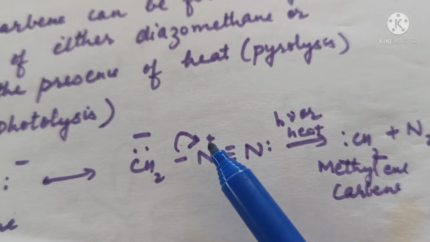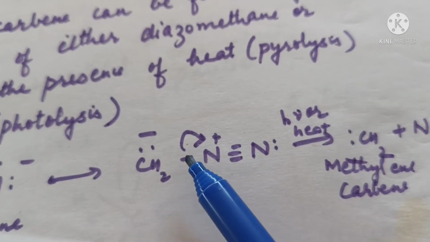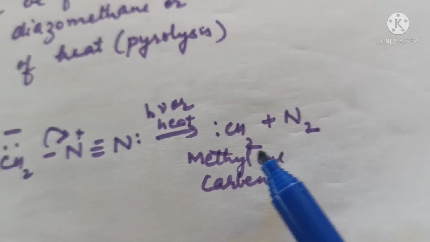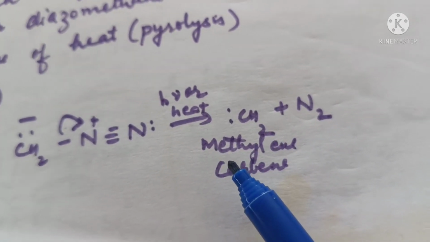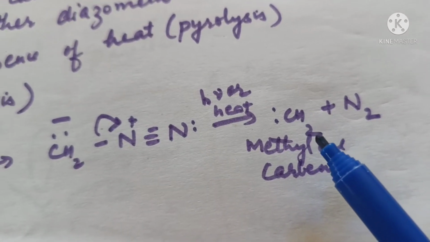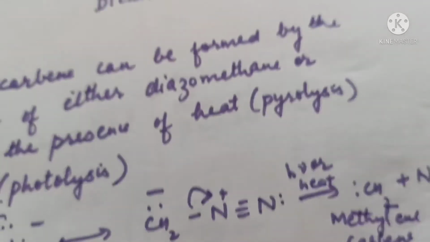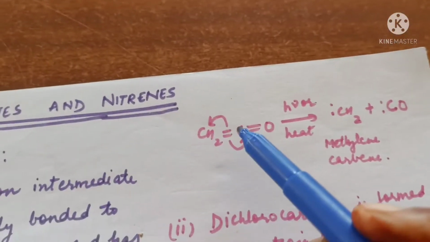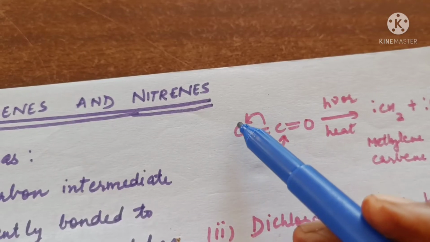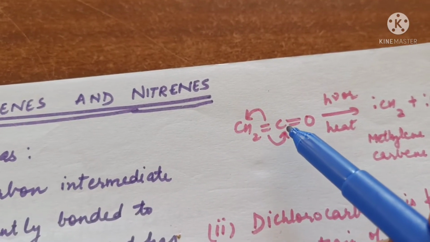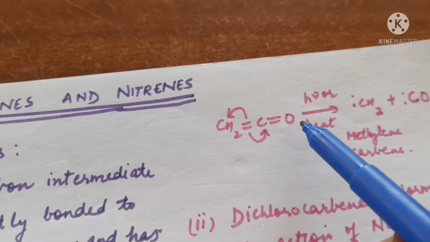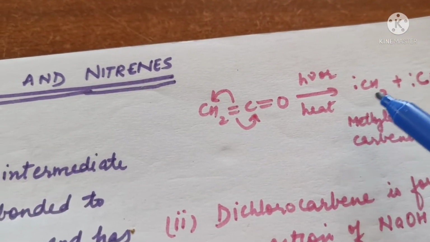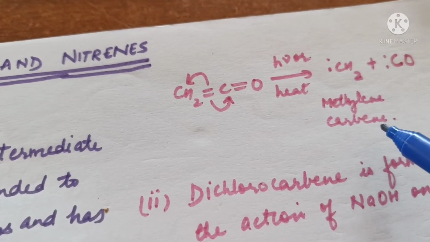Because there is a positive charge on the nitrogen atom, these electrons are taken away, resulting in release of a nitrogen molecule and formation of methylene CH2 with a lone pair of electrons. Similarly, in the case of ketene, the two bond electrons, one pair migrates towards CH2, the other towards the carbon of carbon monoxide. So a carbon monoxide molecule is formed and a methylene carbene is formed.